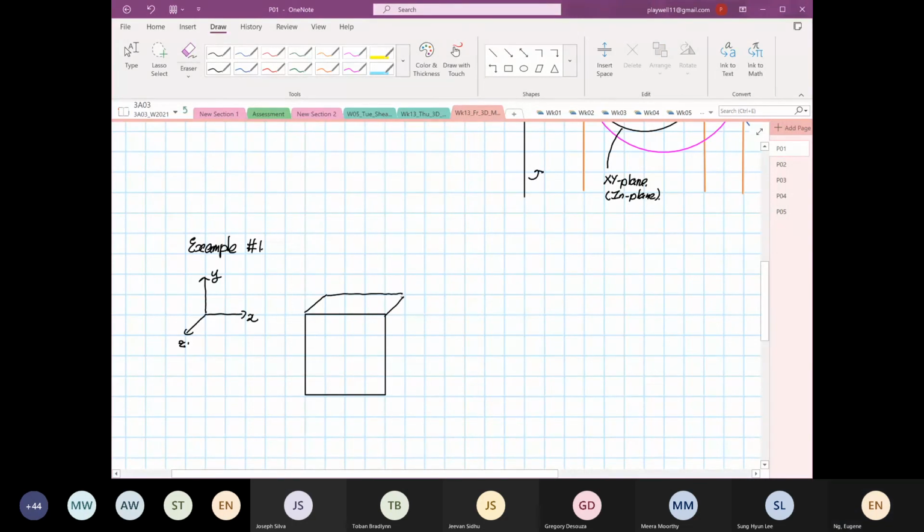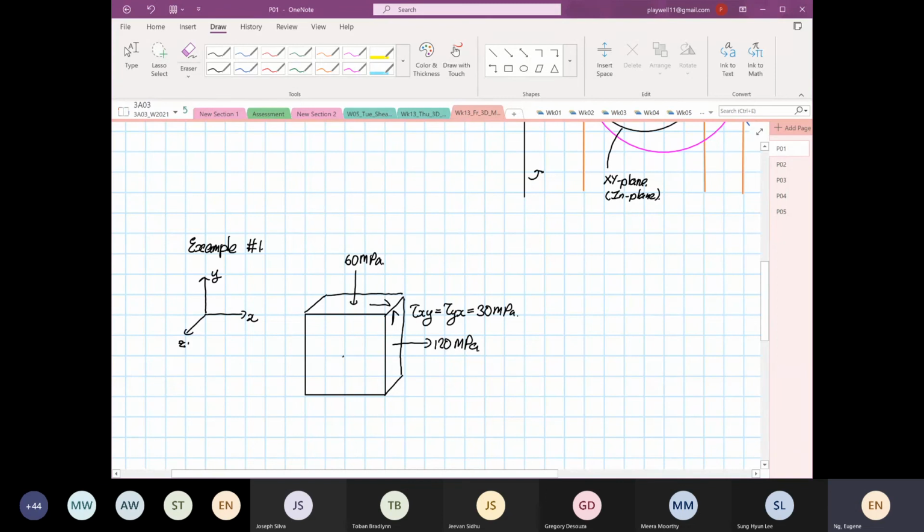We have 120 megapascal, and then we have 60 megapascal. And then we have a shear, which is equal to shear YX, and this will be equal to 30 megapascal.